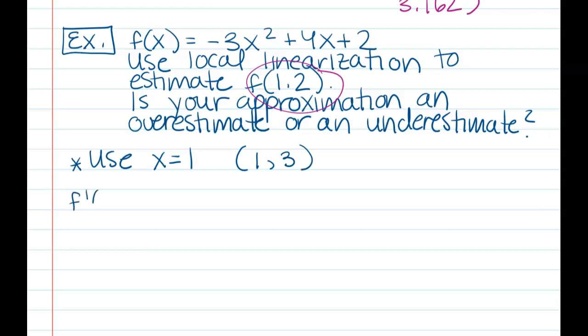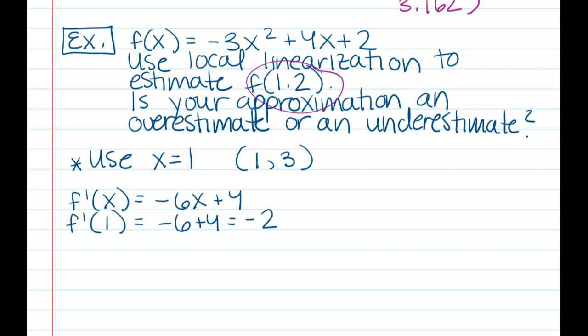Then we find our derivative, which is negative 6x plus 4. And then we find the derivative at 1, which is negative 6 plus 4, which is negative 2. So the equation of our tangent line is y minus 3 equals negative 2, which is our slope, times x minus 1.